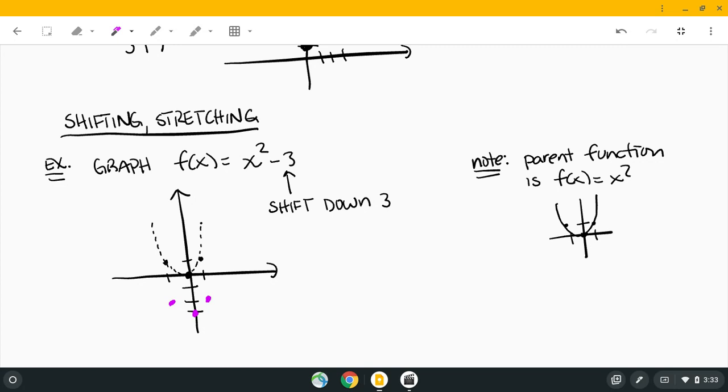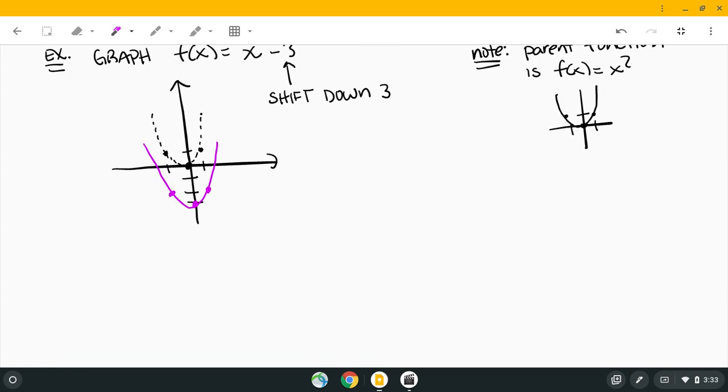So now these are the 3 points of my new parabola, and that would be my graph. Any of these, if it said plus 3, then it would have shifted up 3 units instead of down. But since it said minus 3, we shift it down. All right. Let's take a look at another example.